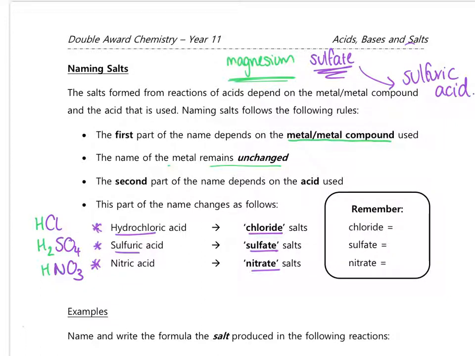So you need to be familiar with those formulas for writing equations. It's very common to get asked to write a balanced symbol equation for these types of reactions. And actually, what I've drawn in purple in the formula forms the ending of the formula of our salt. So you see the way hydrochloric acid gives us chloride salts. Well, we know the formula of a chloride ion is Cl minus, just as I've written here in the formula of my hydrochloric acid.